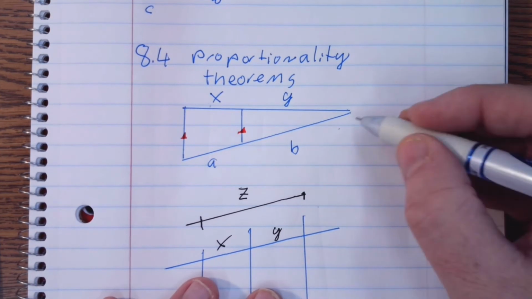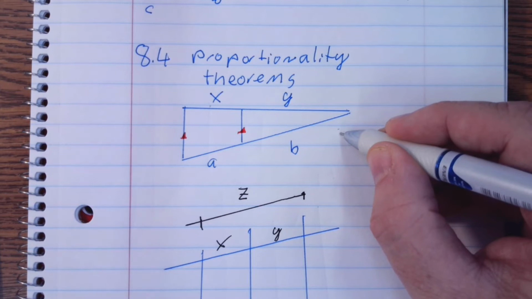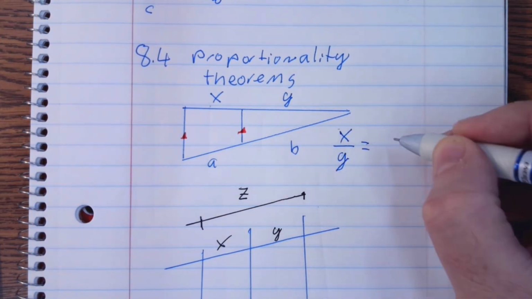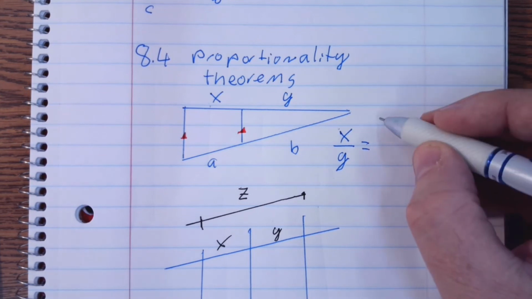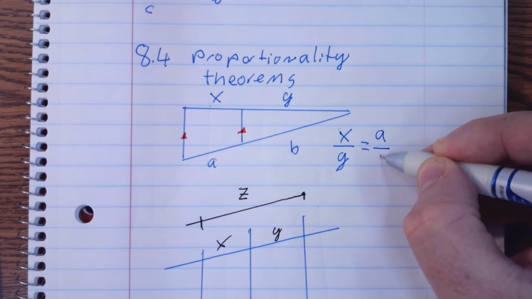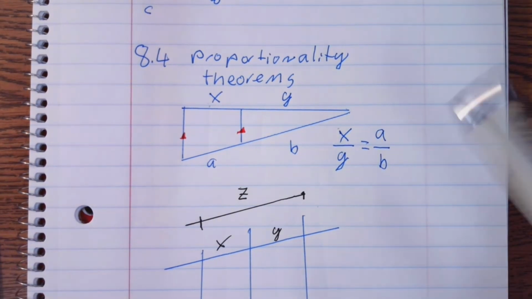Basically, x over y is equal to a over b. Now you will see me, when I go over a problem, do this.